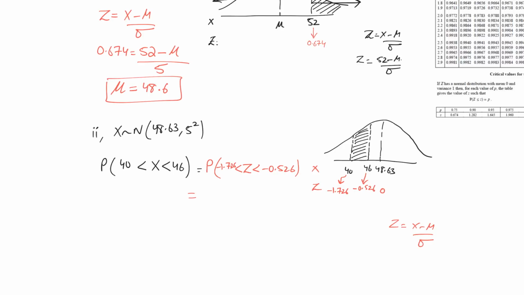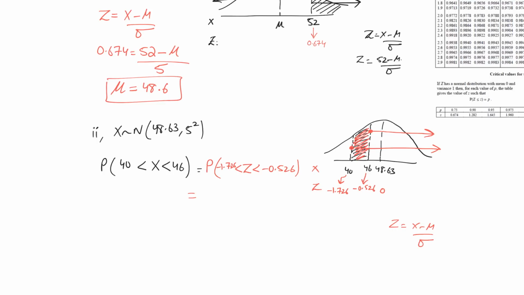Now you can use the same strategy that we did in the previous slide to find the area between. I'll just give you a brief explanation. You can ignore the negative sign and find this body area, and you can ignore the negative sign and find the probability at positive 0.526. This will be this area, and then you can subtract to get this region.